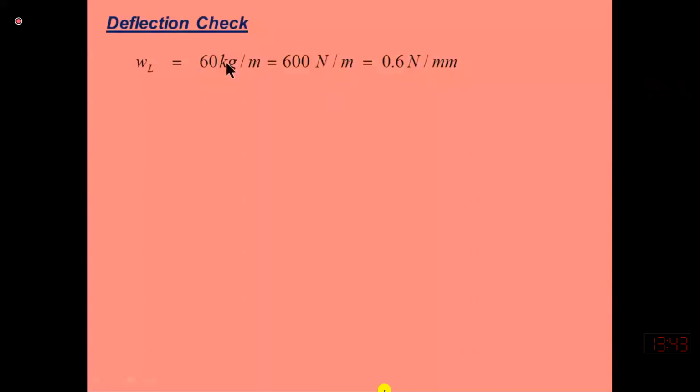If we consider the G value approximately as 10, you can also consider G value 9.81, but here I have considered the G value 10. So the weight in Newton per meter will be 600, and you can convert into Newton per millimeter by dividing it by 1000.